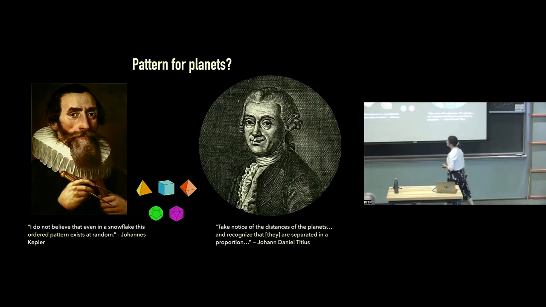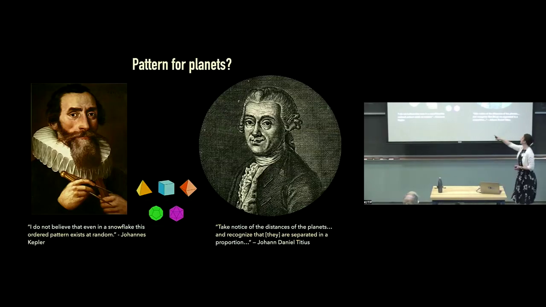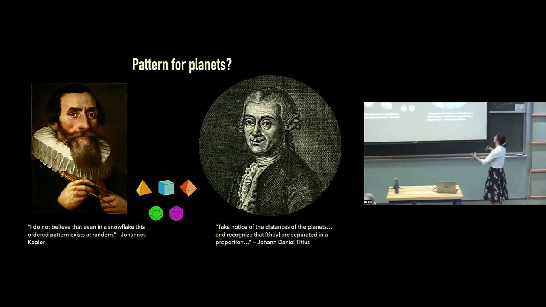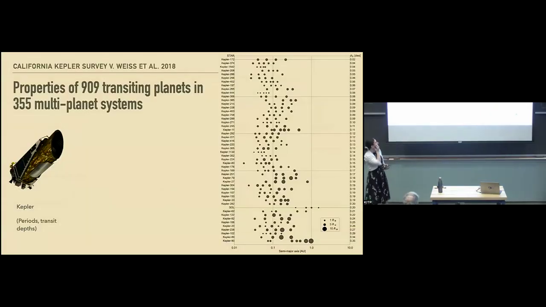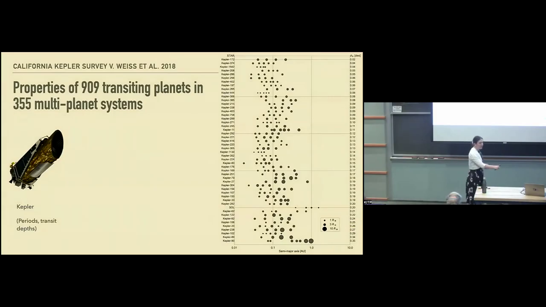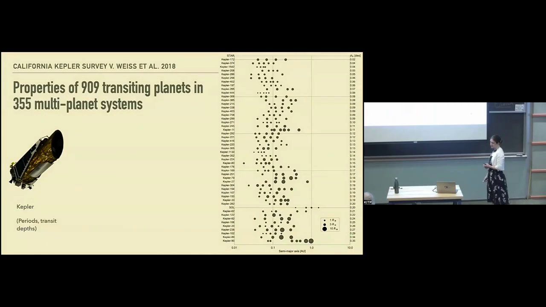Speaking of patterns, these important guys were really obsessed with looking for patterns in the solar system planets. Kepler with his platonic solids, Titius and Bode with their regular geometric spacing of the planets. So a few years ago, I jumped on the pattern train. I was leading a study of 909 transiting planets in 355 multi-planet systems.